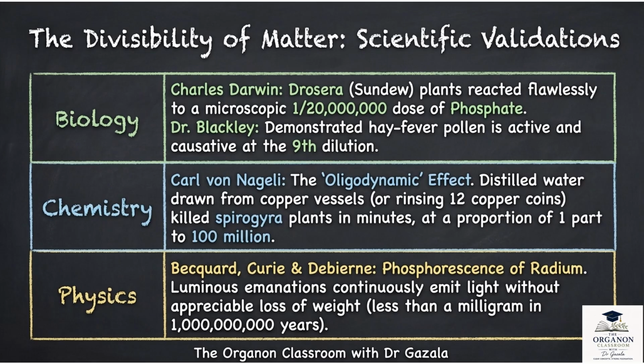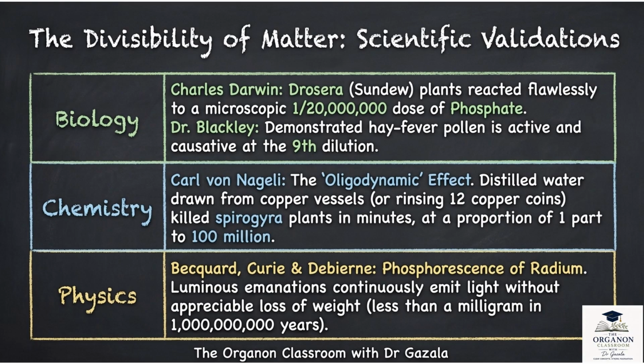And finally, in physics, the phenomena of radioactivity and the phosphorescence of radium, studied by scientists including Becquerel and the Curies, demonstrated that matter could produce measurable effects from extraordinarily small quantities of material. Now, these examples belong to very different scientific fields and should not automatically be equated with homeopathic potentization.